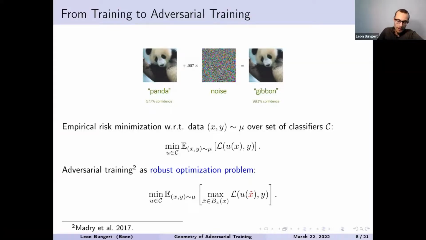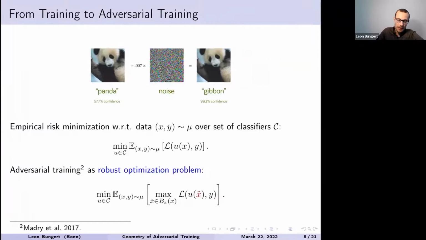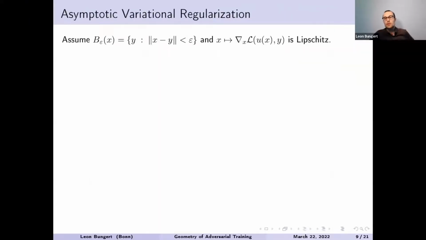And let me first explain a little bit how people try to understand adversarial training, or the effect of adversarial training. And for this, let's go to a very easy framework where we assume that this epsilon ball is just the epsilon ball in some norm. So we have a norm perturbation. And then we also assume, for simplicity, that the gradient of the loss function with respect to the input variable is Lipschitz continuous.